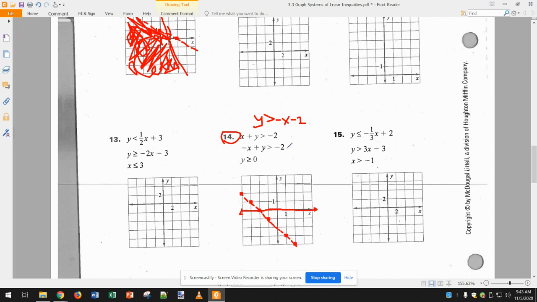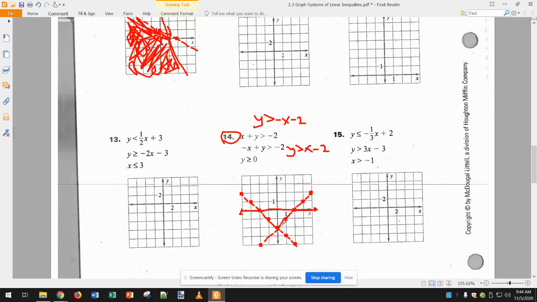Okay, and then the second one, just add x to both sides. We get y is greater than x minus 2. So that's the same y-intercept, but the slope is going the opposite direction. So it makes another kind of X here. Now, where's the shading? Above the horizontal line and above both of the other lines.